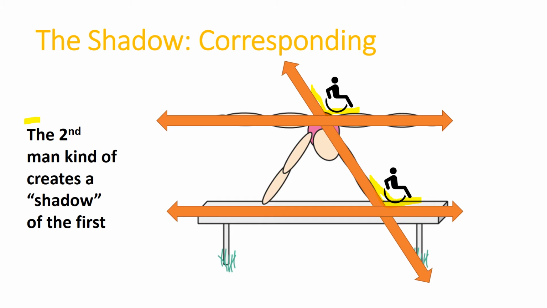So do you see how they're kind of matching? Or it's like a shadow if the sun were up here. Well, that wouldn't exactly be it. It needed to be a little bit more up, but whatever.